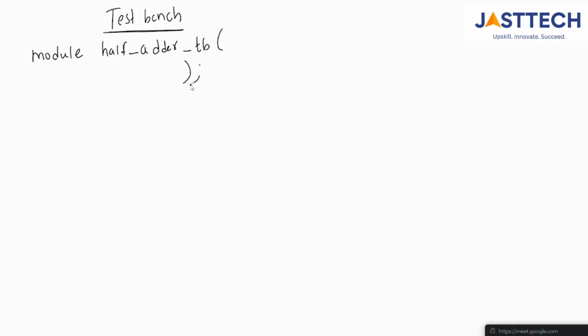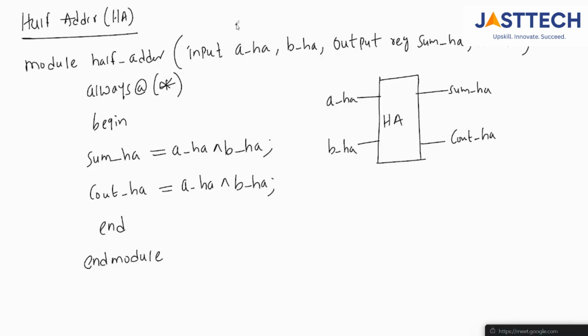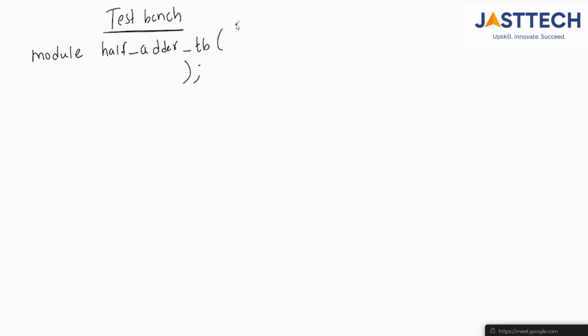Why? Because outside this bracket you need to declare the internal variables. In the module, within the bracket, you declared the inputs and outputs, no? In the test bench we need to declare the internal variables. So for the test bench inputs, I need to declare them with the reg data type: a underscore tb, b underscore tb. These are not inputs, these are internal variables.